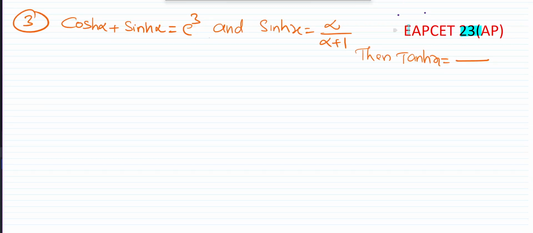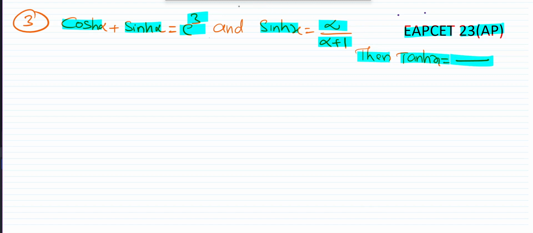This is the third question from EAPCET 23. Given cosh alpha plus sinh alpha is equal to e cube, and sinh x is equal to alpha by alpha plus 1, then find tanh x. The given relation is cosh alpha plus sinh alpha.